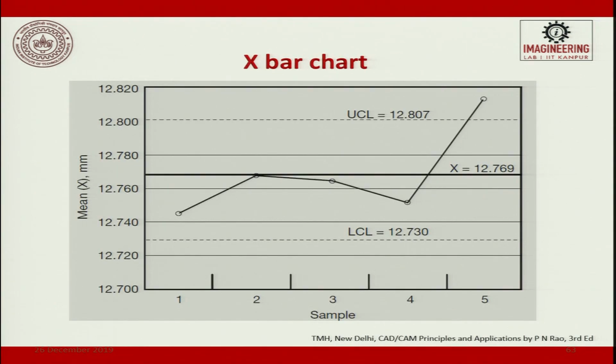If you look at the X bar chart, you will see the mean chart. UCL is 12.807, and between the upper and lower control limits there is the mean X, 12.768, and you will see the process is going out of control when it crosses the limits. This chart is called the X bar chart.